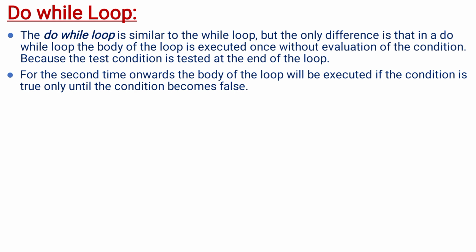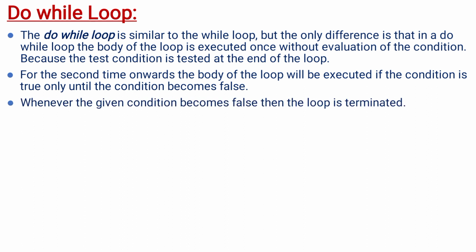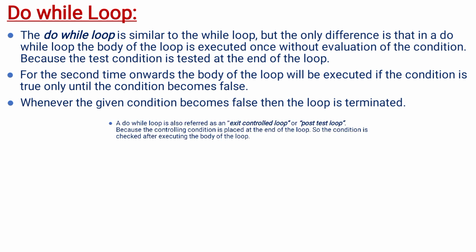If the condition becomes false, the body of the loop will not be executed. Whenever the given condition becomes false, then the loop is terminated. So how many times the condition is true, those many times the body of the loop will be executed. At which stage the given condition is false, then the loop stops its execution. That means it is terminated.